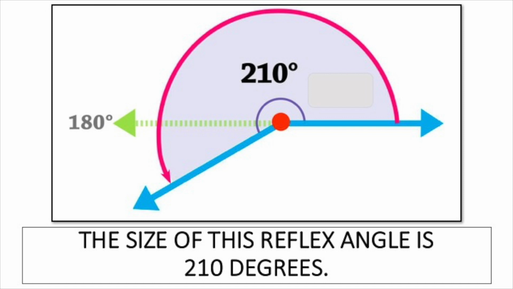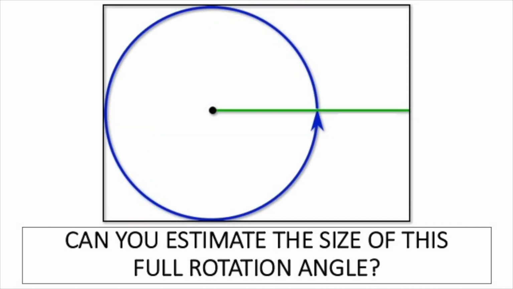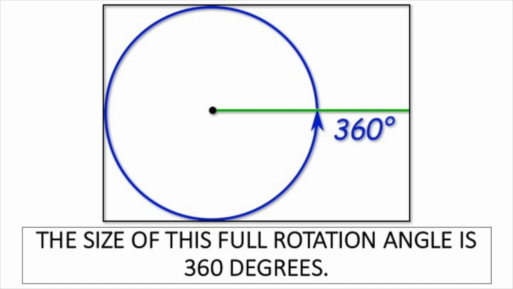Now finally, can you estimate the size of this full rotation angle? 360. Why do you say 360? Can it ever be more? No. Can it be less? No. Correct. A full rotation angle must always be 360 degrees.